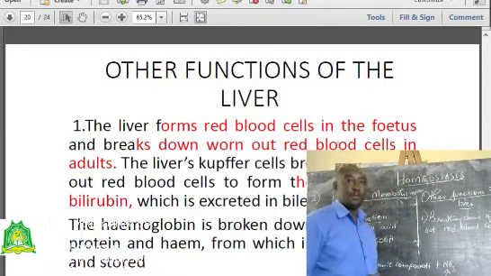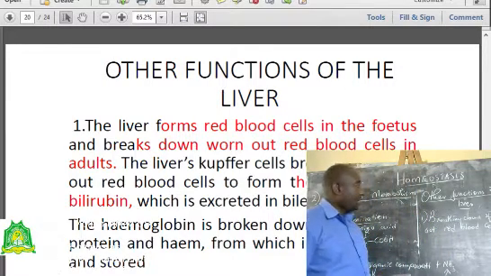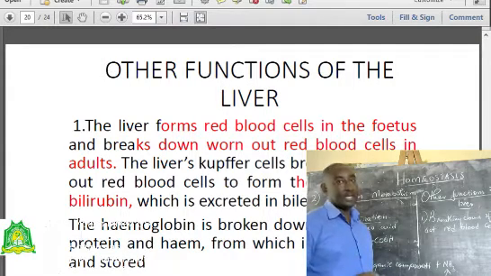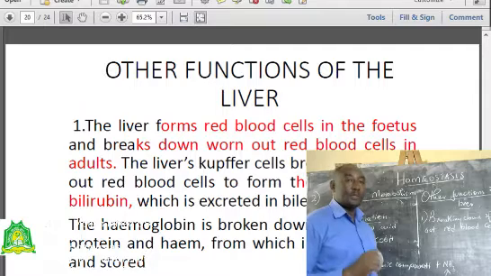How can this one be put more clearly? Red blood cells have a lifespan of 120 days, that is approximately 3 months.